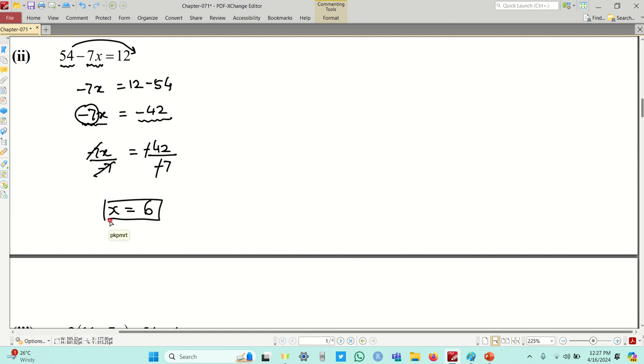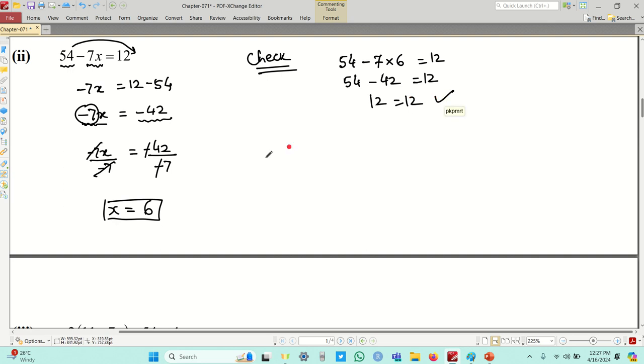And it is not necessary to verify. If you want to check, you can check whether the answer is right or wrong. So just put the value of x: 54 minus 7 times 6 is equal to 12. 54 minus 7 times 6 is 42, so 54 minus 42 is 12. 12 is equal to 12.